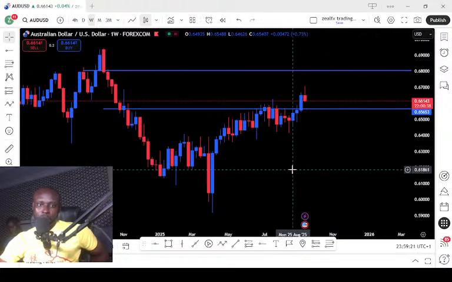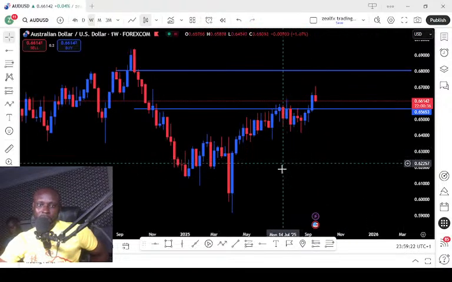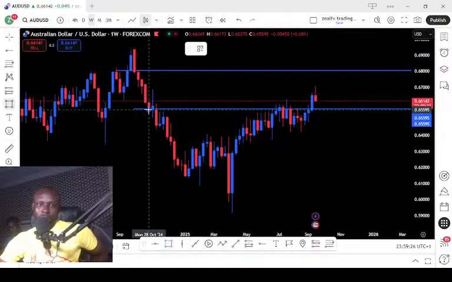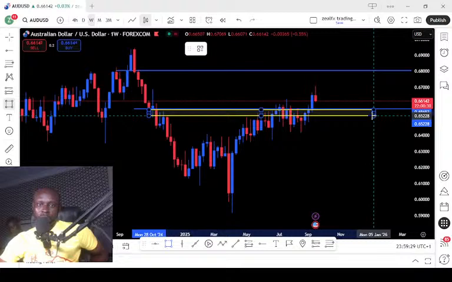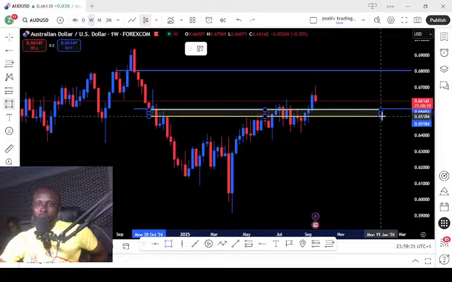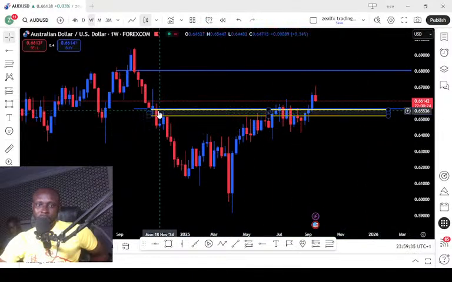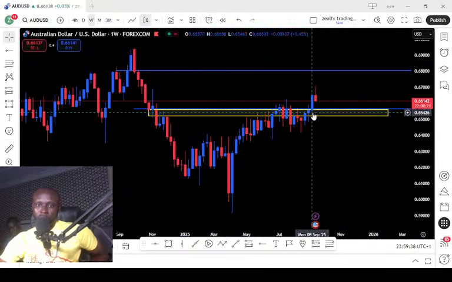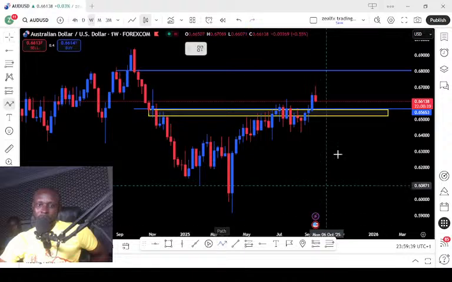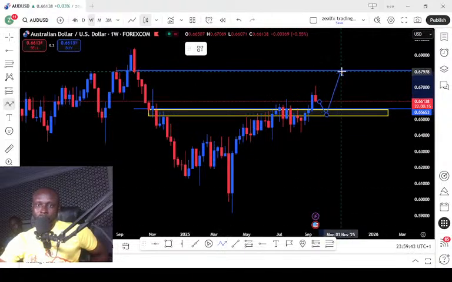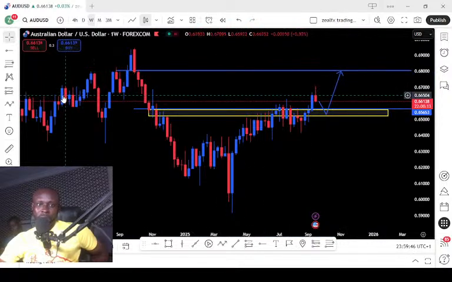Then our support for Australia USD, where we expect price to buy from, we need the price to come to this weekly support level. Then we can start looking for possible buying opportunity for the Australia USD to the top. This level is our weekly key support level for possible buying opportunity to the next resistance level. Currently these areas are all resistance.